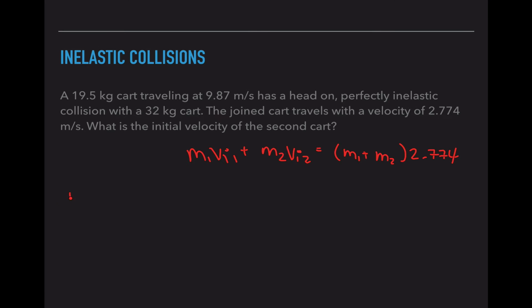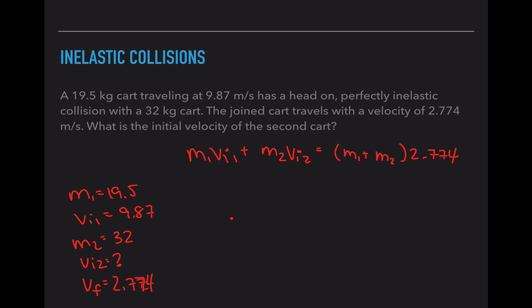Okay, so M1 is 19.5, VI1 is 9.87, M2 is 32, VI2 is my question mark, and VF is 2.774, which I already added in this equation because the VFs are the same since they are traveling together.